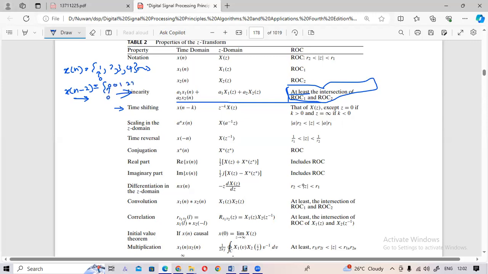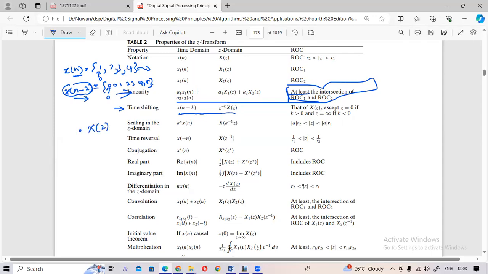Your sequence looks like this. You do not need to go through the direct, principal approach to find the Z transform of this one. You can use the time shifting property easily, if you know the Z transform of the original.